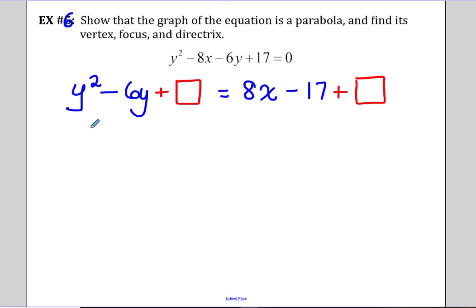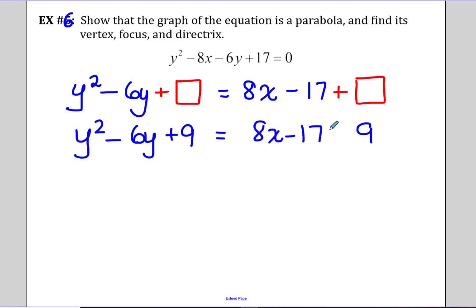So back from Algebra 2, when you complete the square, we want to take half of that middle term. So half of 6 is 3, and 3 squared is 9. So we want to add 9 to the right to keep it balanced. So we're adding 9 to both sides.